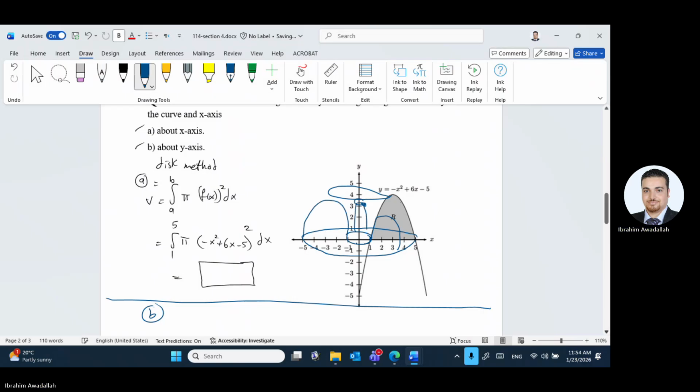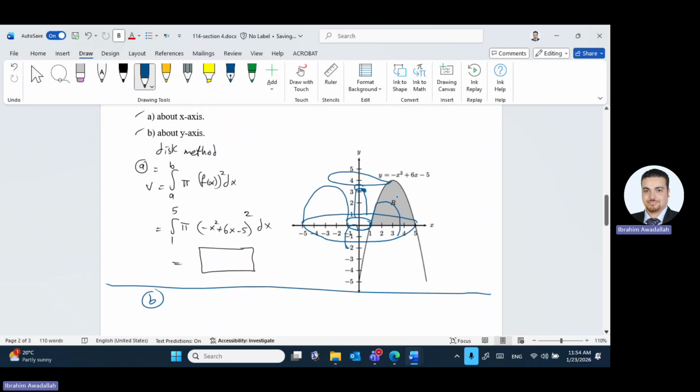That means we cannot use washer. This is my left, this is my right, and left and right are the same function. So if I use the washer method, the answer will be 0, but we have a volume here. Since I cannot use the washer method, this will be cylindrical shell.